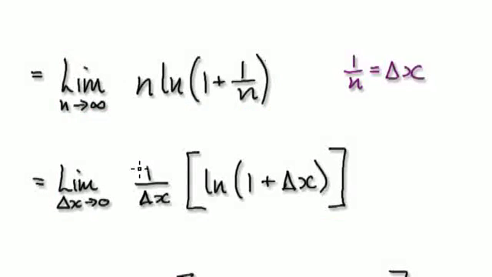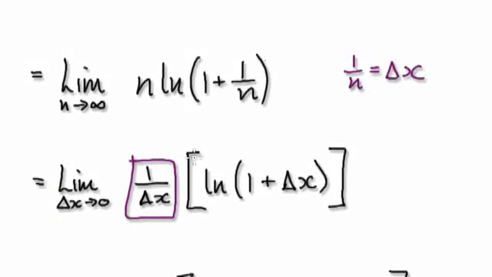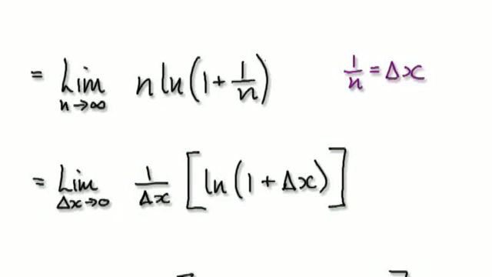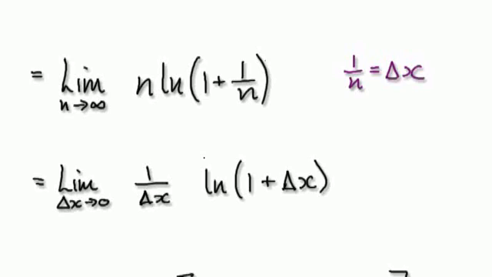Okay, so what you've got here is really this block times this block here. You don't actually need the square brackets here, because what you've got here is really this times this. But the thing is, we want to visualize the square brackets.